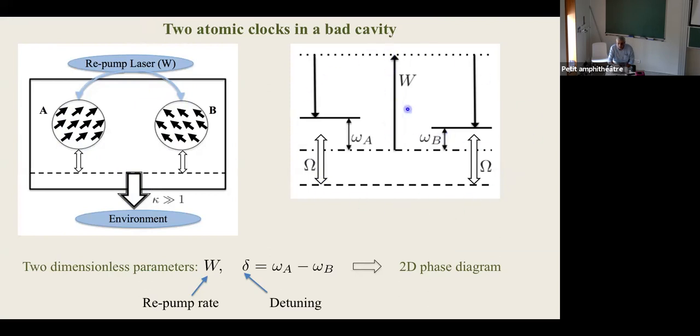You have pumping W, both ensembles are coupled with the same coupling omega to the cavity mode. But now, crucially, the splittings are different in the two ensembles because of an inhomogeneous magnetic field. So now we have two essential parameters: W, the pumping rate, and the detuning, which is the difference between the level splittings in the two ensembles. So your phase diagram is now going to be two-dimensional.